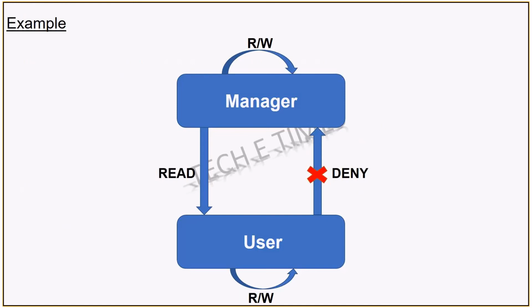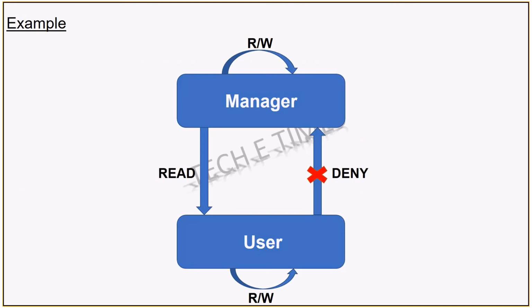Read means to open the file and see the content, and write means to either delete or modify. So a manager can read and write in his own folder, and the same way at the bottom, if you notice, the employee can also read and write in his own folder since he is the owner of that folder.